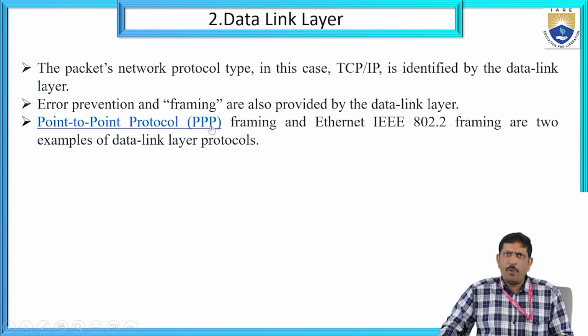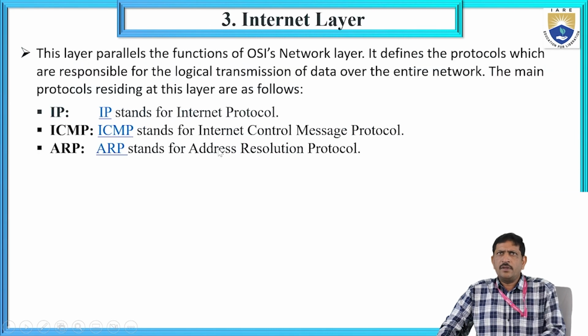That is the point-to-point protocol. Point-to-point protocol framing and Ethernet IEEE 802.2 framing are two examples of data link layer protocols.